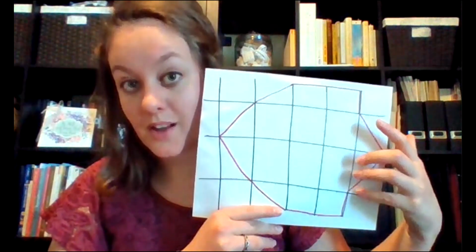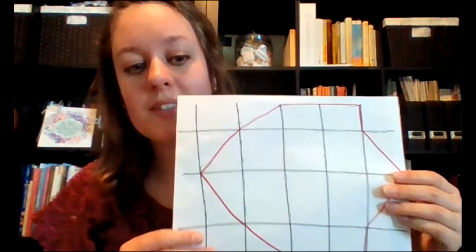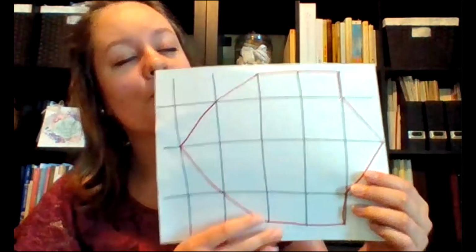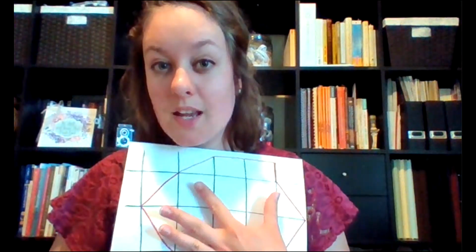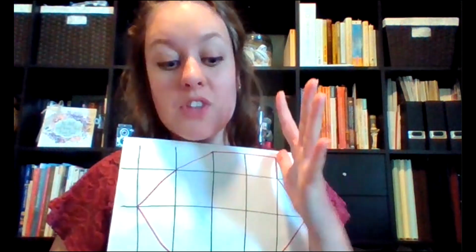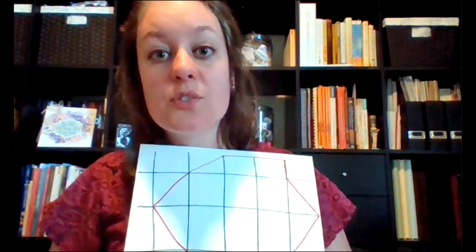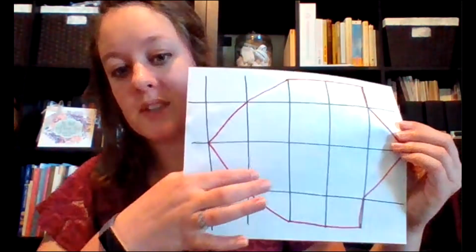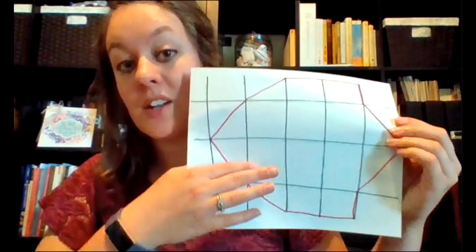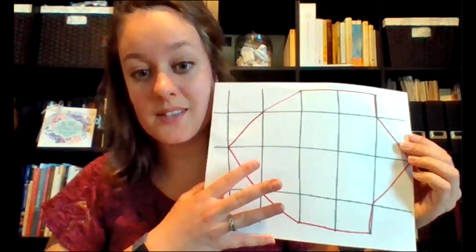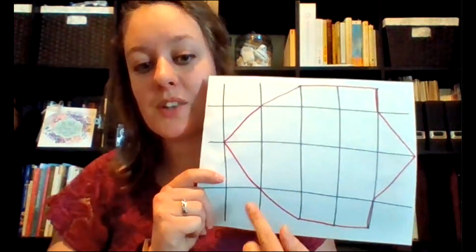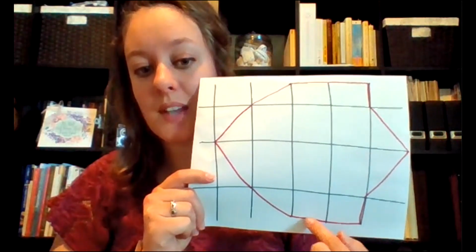Area is how much it covers, so we measure it in squares because it's being covered. Area is square, so we say square inches, or centimeters squared. Now perimeter is just measuring the distance around the outside.